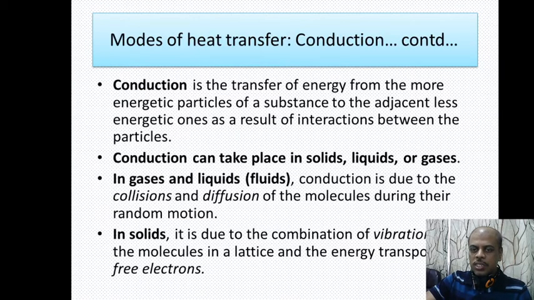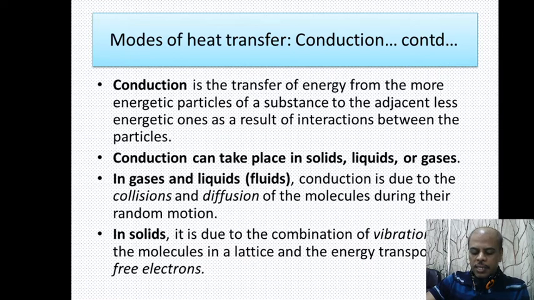So as you can see on the screen, it discusses conduction in detail. As we already discussed, conduction is transfer of energy from more energetic particles of a substance to adjacent less energetic particles as a result of interaction between the particles.